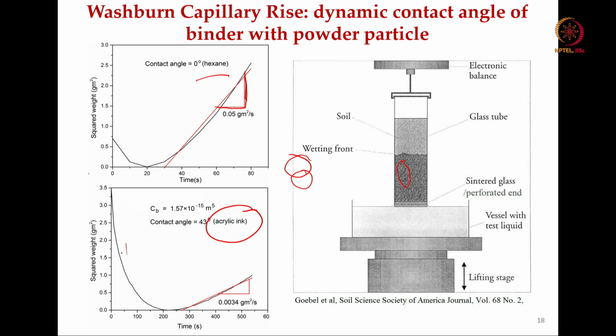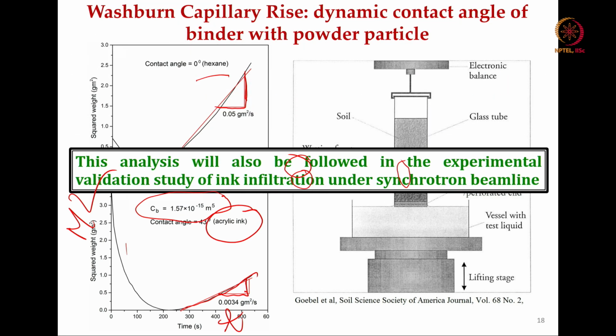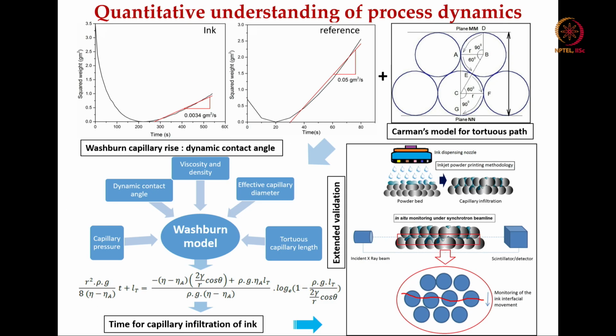If you plot m square as a function of t, then you get a similar slope; the linear part is 0.0034 gram square per second, and from there the powder bed related constant Cb value is 1.5 times 10 to the minus 15 meter cube. So, this analysis was also followed in the experimental validation of ink infiltration under the synchrotron beamline.